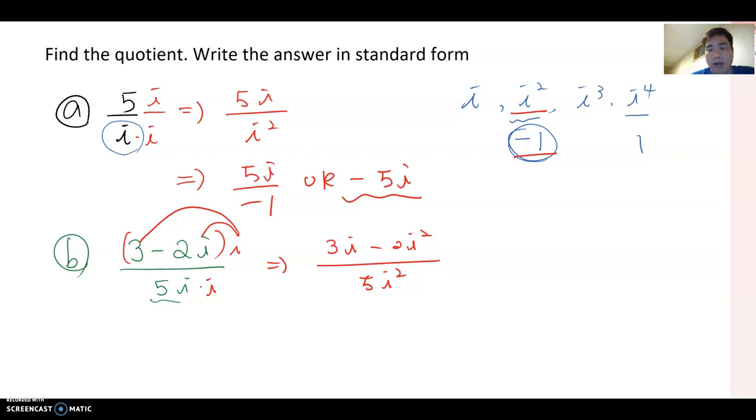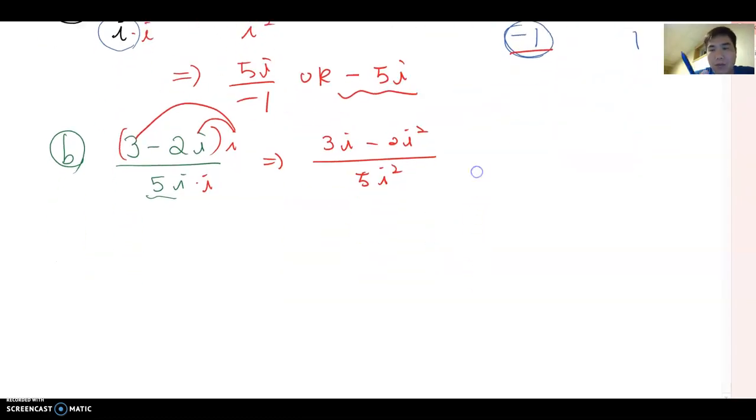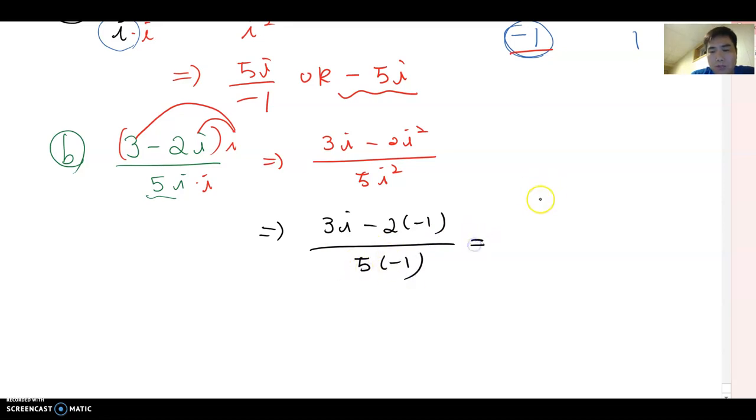We know i squared equals -1, so I'm going to replace all the i squared values. Then this becomes 3i minus 2 times -1 over 5 times -1. So it means 3i plus 2 over -5.